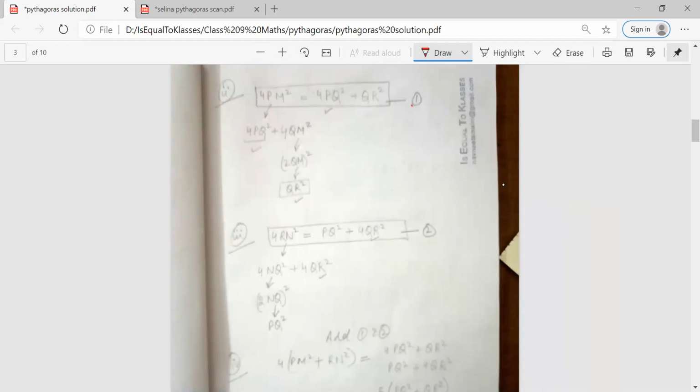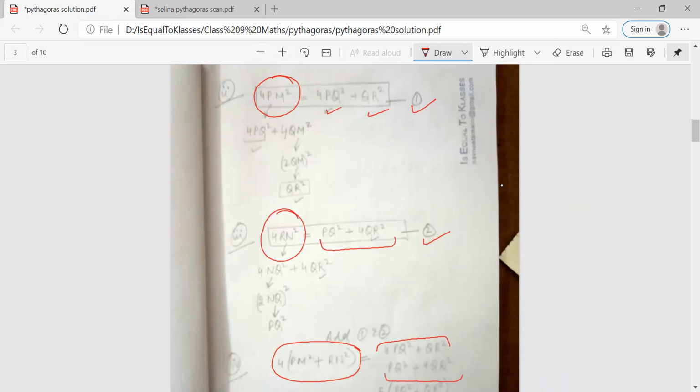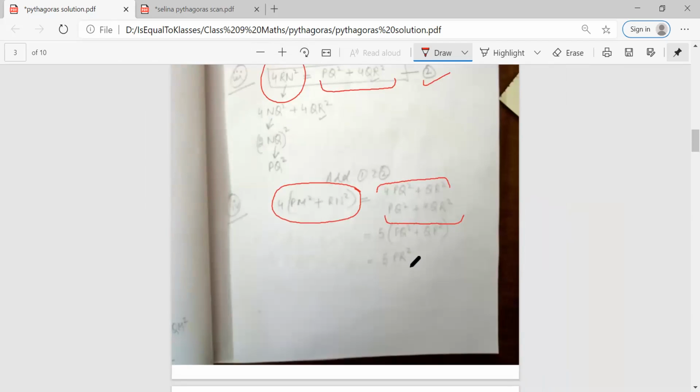Because from the first part and the second part, I can add the first part, 4PM square plus 4RN square. This would be equal to 4PQ square plus QR square plus PQ square plus 4QR square, and this will be equal to 5 times PQ square plus QR square. And what is PQ square plus QR square?